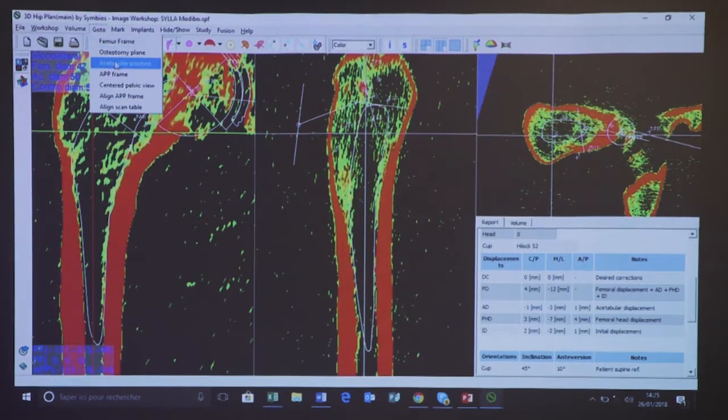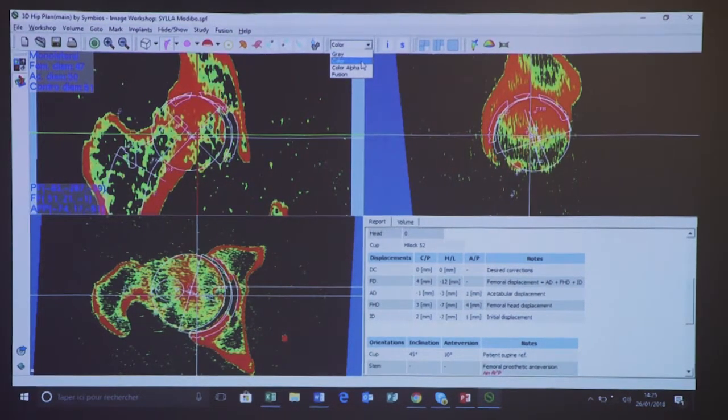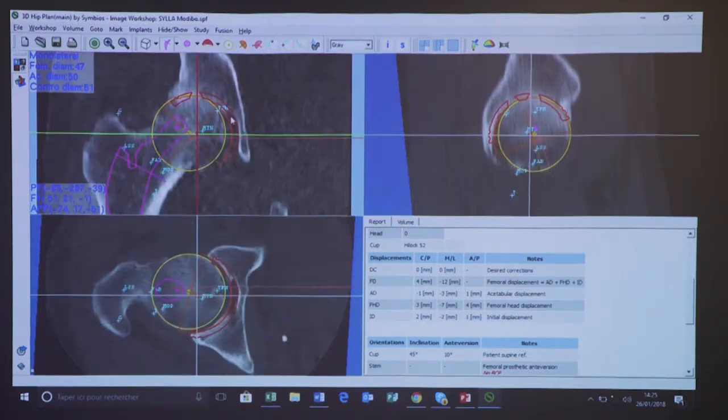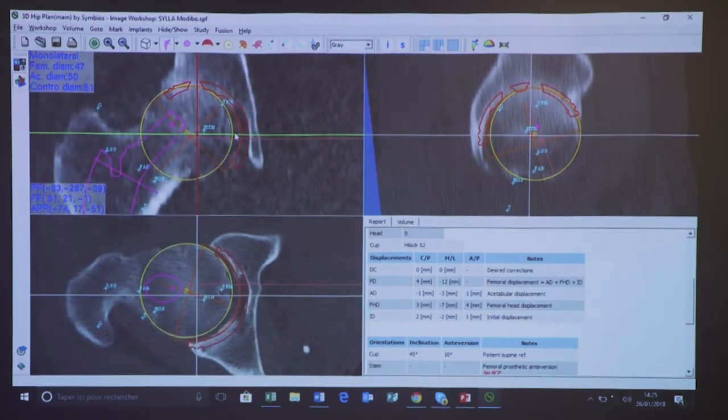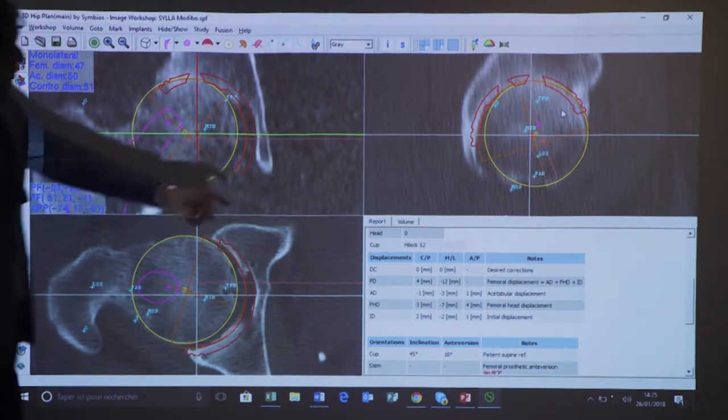So basically, for the acetabulum, there was no big issue, and I planned a 52 millimeters cup with no big problems. Always the same thing, I'm very careful.